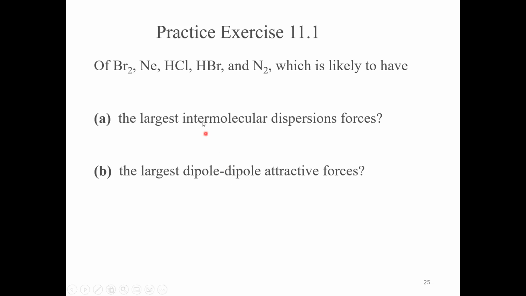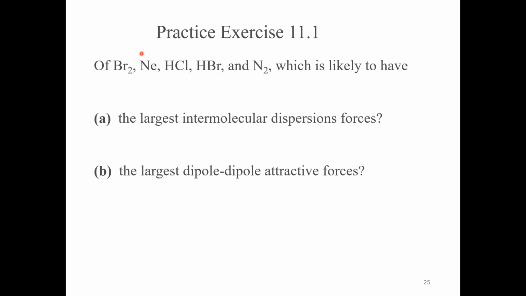Neon, nitrogen, hydrogen, chlorine are all going to be pretty small atoms. Bromine is going to be the largest. So we're looking at either diatomic bromine or hydrobromic acid. But since the second bromine is going to be so much larger than the hydrogen here, the answer to A would be diatomic bromine, because that's by far the largest substance we have.